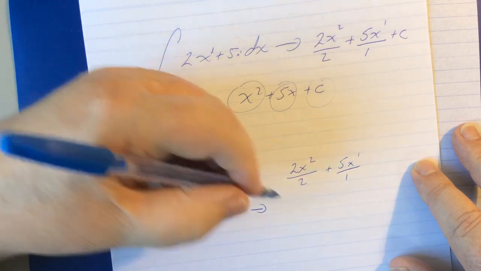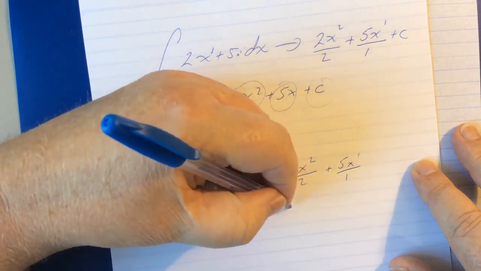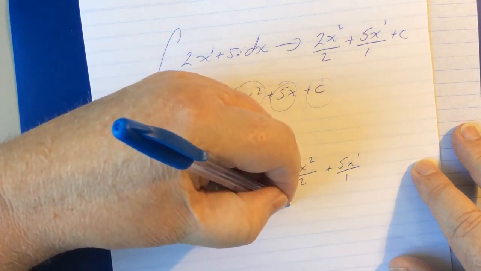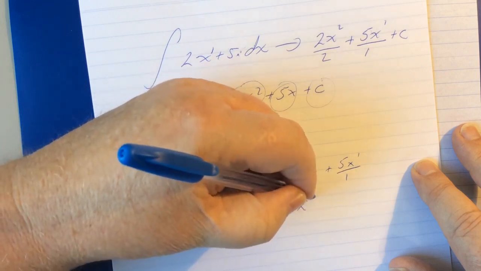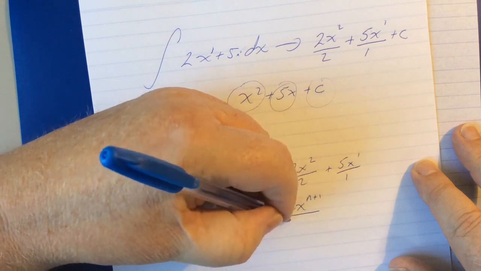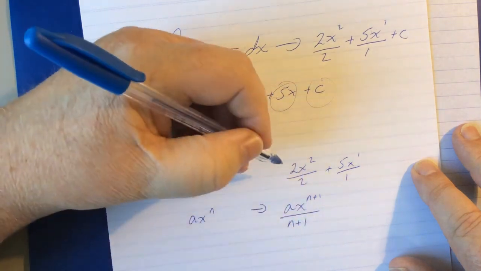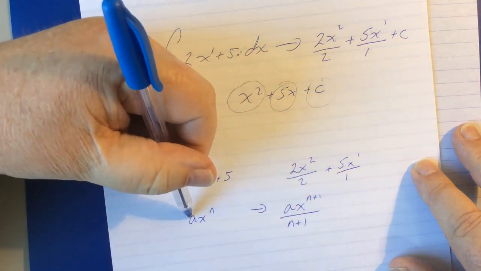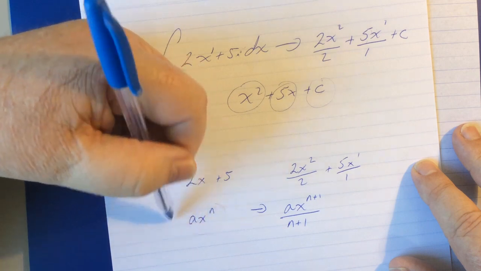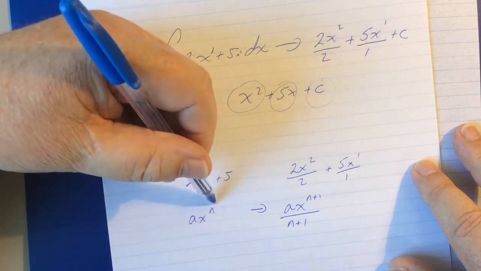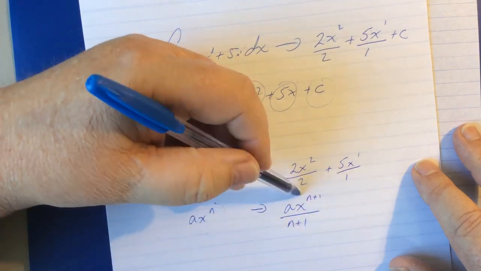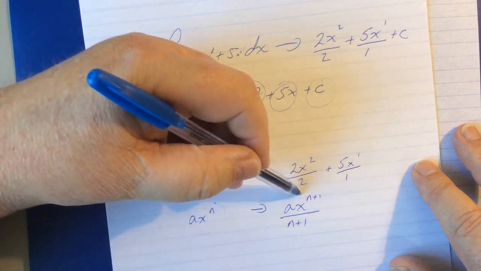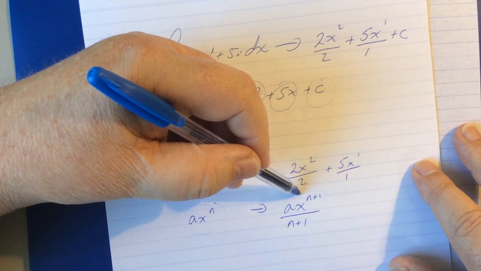So what do we do? We keep the coefficient, we add 1 to the power, and we divide by that new power. So this is how we get from our starting point, which is usually a differential, back to the anti-differentiated function.